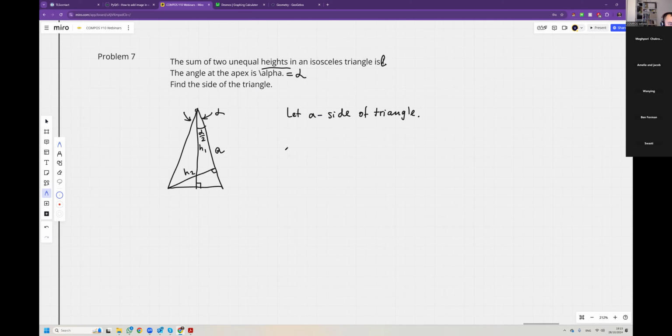That means cosine of alpha over 2, cosine of this angle is h1 divided by A, right? Because if you consider this triangle, A is the hypotenuse, and this is the adjacent side.